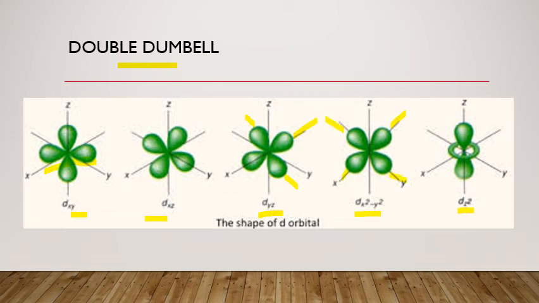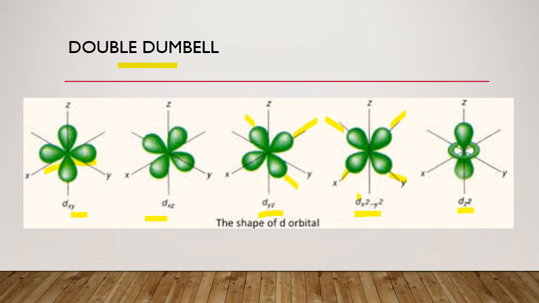That's why it is said to be dx square minus y square. So for dx square minus y square, you just make the directions x, y, z, and then you can easily make the shapes of the d orbitals dxy, dxz and dyz. And x square minus y square is on the axis, so you can easily make it on the axis.